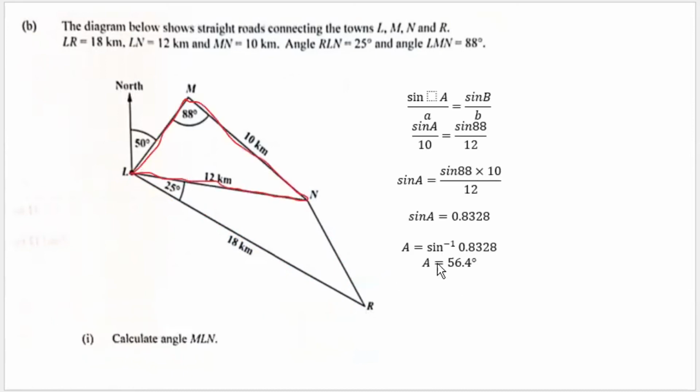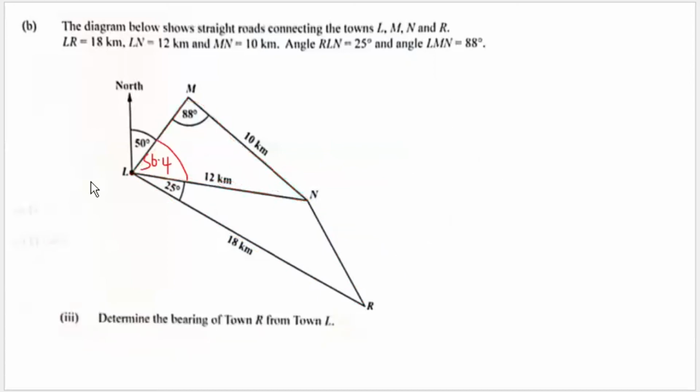So this 56.4 is the angle we calculated, which is angle MLN. So now what we're looking at is R from L, which would be all of this, and that would be the bearing. So all we're doing is adding the total degrees here.